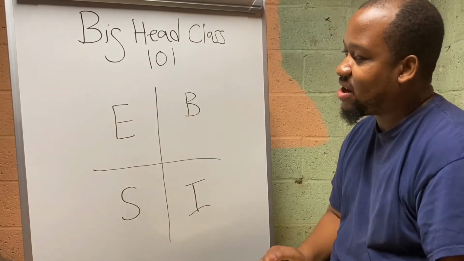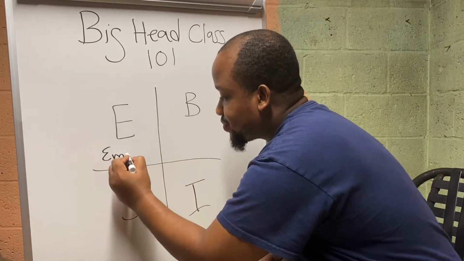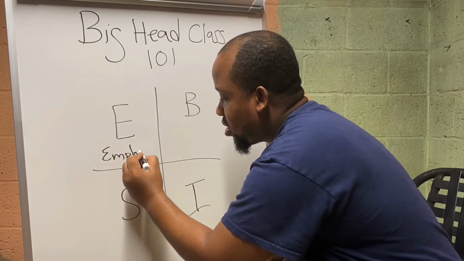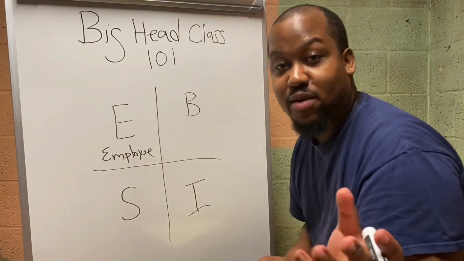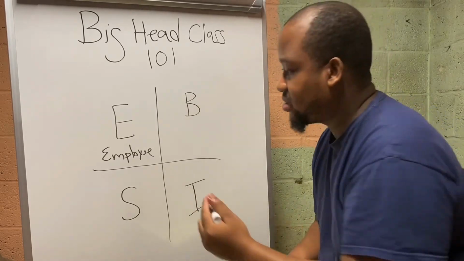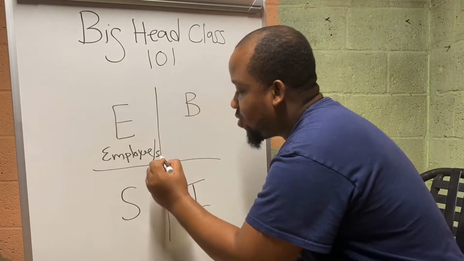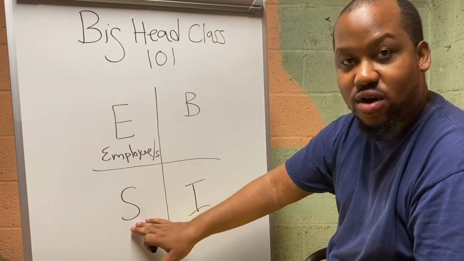The first letter represents employee, as you can see right here. Hopefully I spelled it right, employee. Some people who are very into proper English might say it with the S, employees.